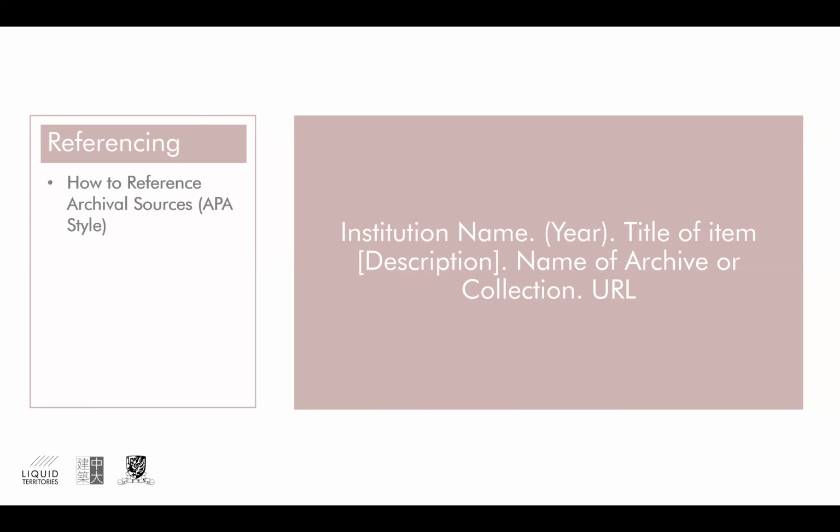It's important to note to always include the institution name of where the source comes from. And also in these square brackets after the title of the item, it's also good to include the type of material that you're using, for example, photograph, maps, or government document. And that is all.